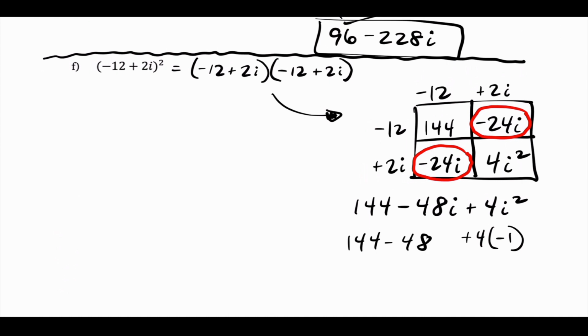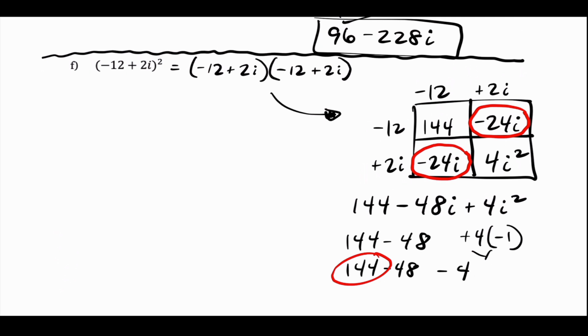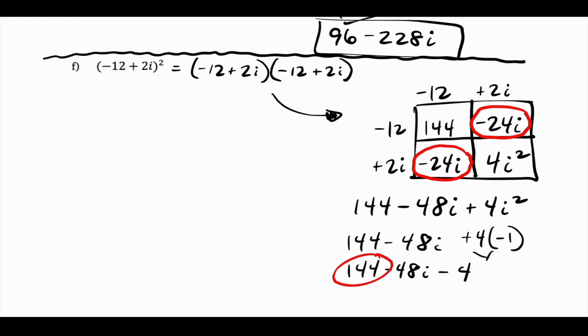That's going to make positive 4 into negative 4. Oops, forgot the i's. 140 minus 48i.